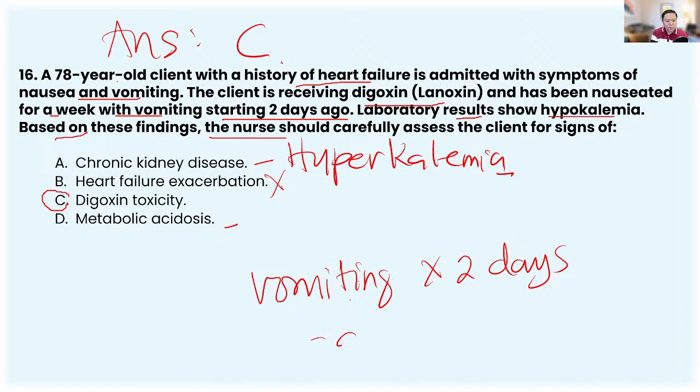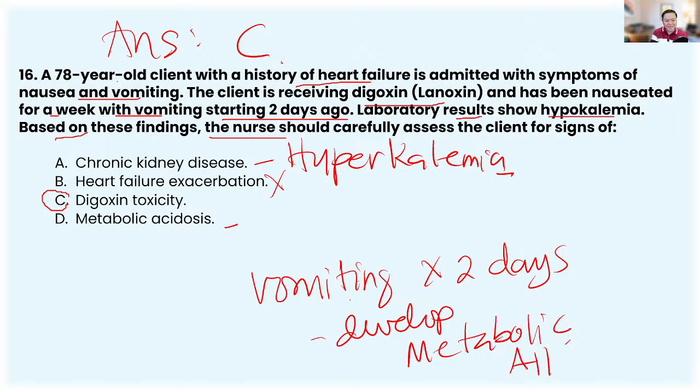They're prone to develop what? Metabolic alkalosis, not acidosis. Okay, so this is wrong. It's supposed to be metabolic alkalosis, not metabolic acidosis.